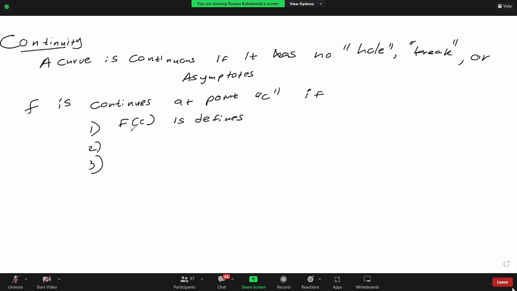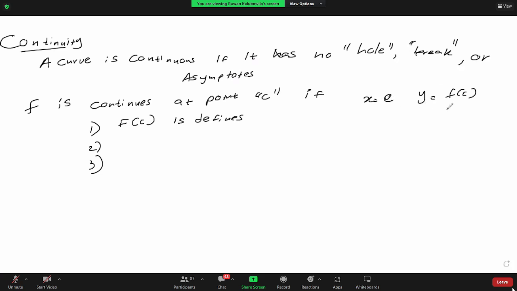That's the idea. If f(c) has a value, it is defined, because we can plug the c value into the function and find that y value. Let's say x is c, so y is f(c). Just plug in the value to the function, then we can find the y value for that particular point c.